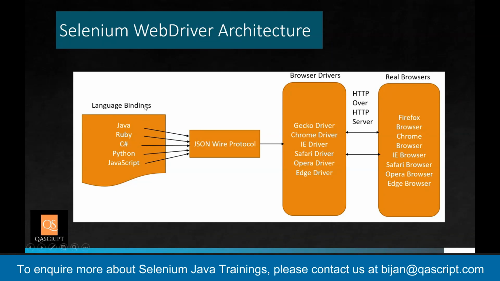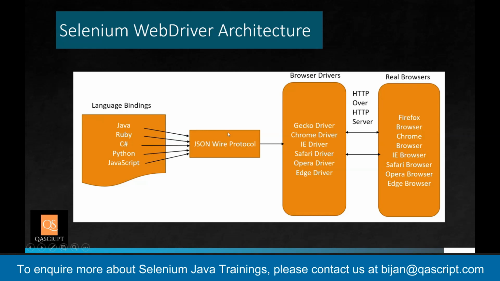So there is something called language bindings, which is basically the libraries which are present for different languages, right? So whatever you write in a particular language, these are nothing but the language bindings. So you have got for Java, C#, Python, for every other language which Selenium supports.